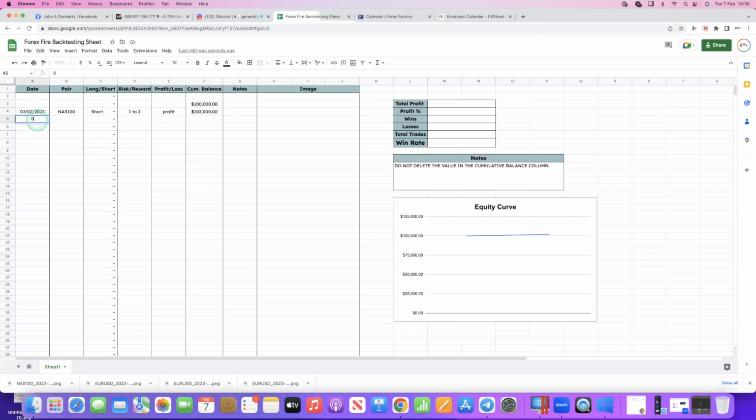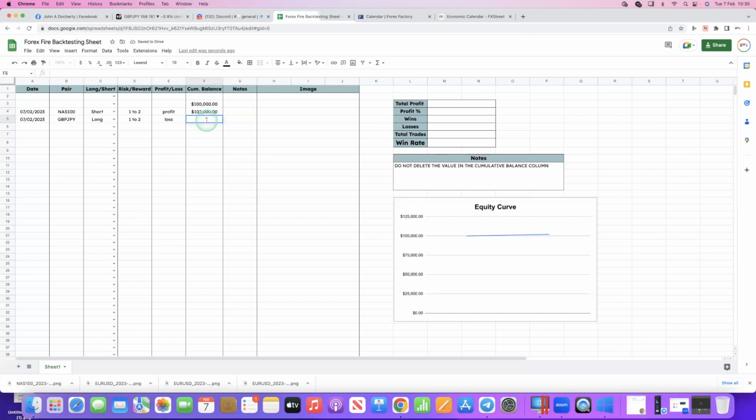We then got in on the trade on the 0/02/2023. This was on the GBP/JPY. It was going to be for a long, again a 1 to 2, and it was a loss. Okay, this then brings us down.